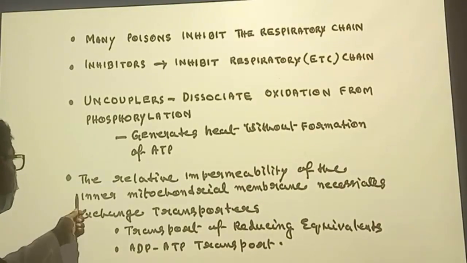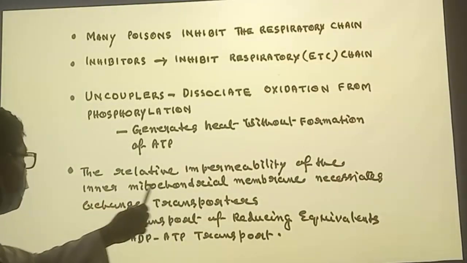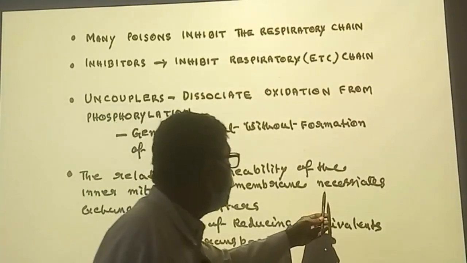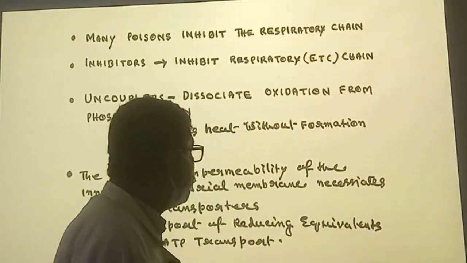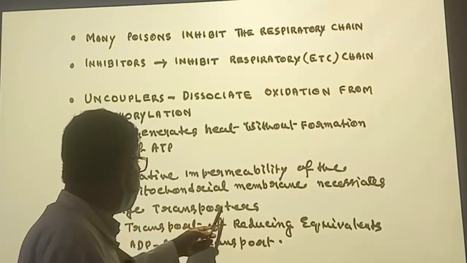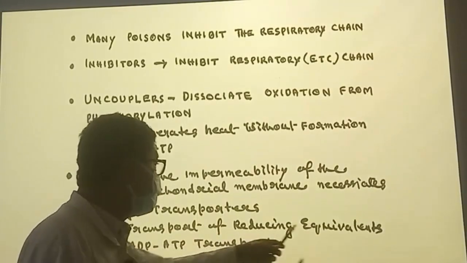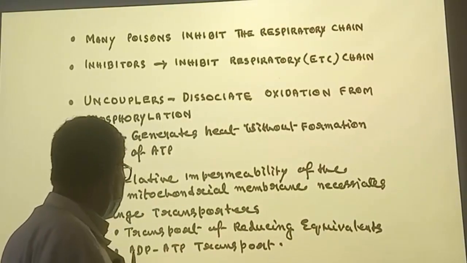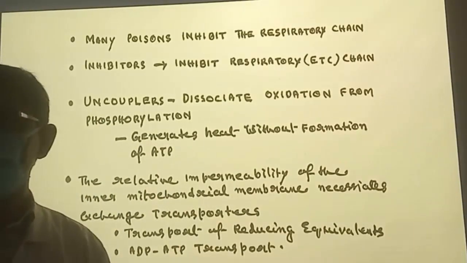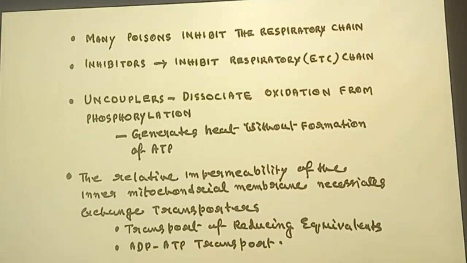The impermeability of the inner mitochondrial membrane necessitates exchange transporters, transport of reducing equivalents and ADP transporters. That is a gist of all the discussion I have made. Now please go to the next slide.